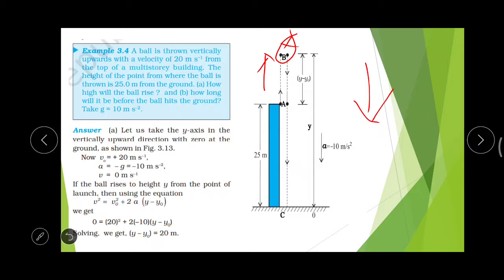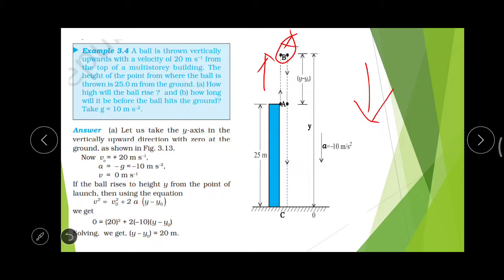Okay, now come to the solution. Let us take the y-axis in the vertically upward direction with the 0 at the ground as shown in the figure. Whenever you are dealing with such questions, first of all try to draw the figure, then you will get a crystal clear idea about the concept. That's the best way to deal with such questions.